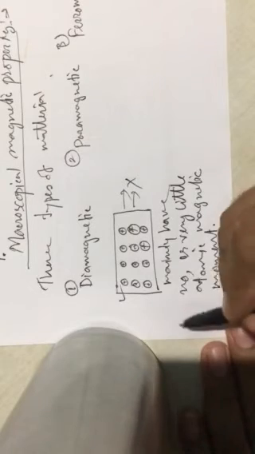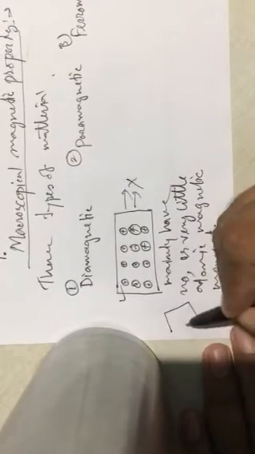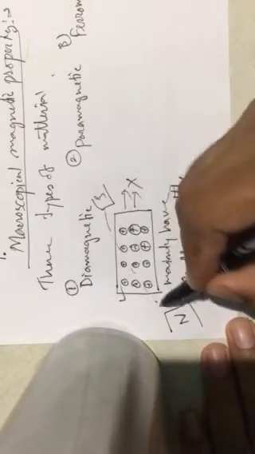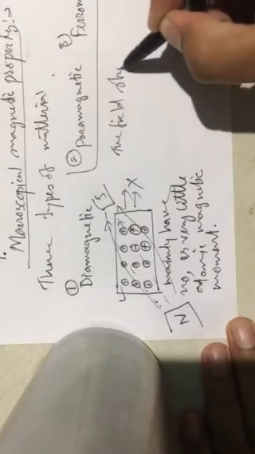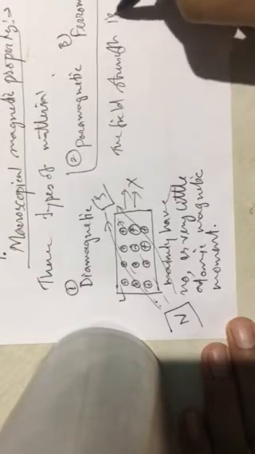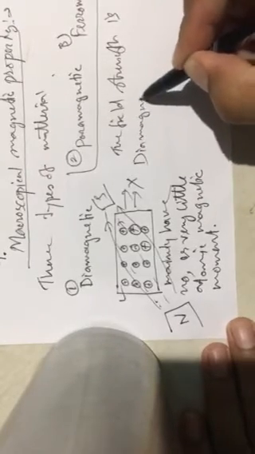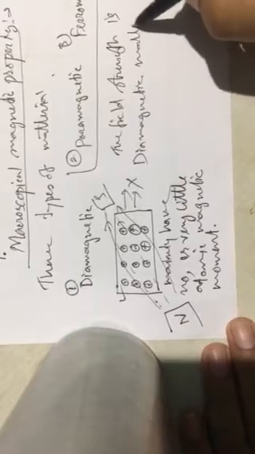Okay. Now, if you apply an external magnetic field, what will happen is the field strength inside the diamagnetic material decreases.